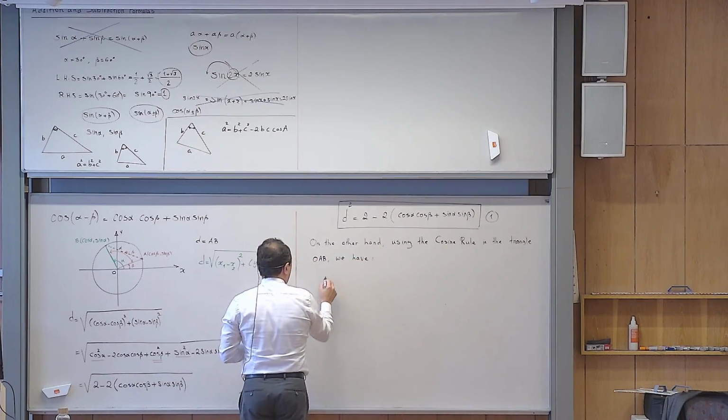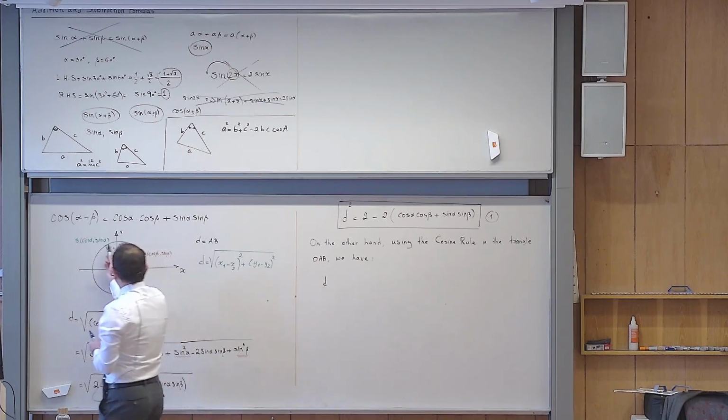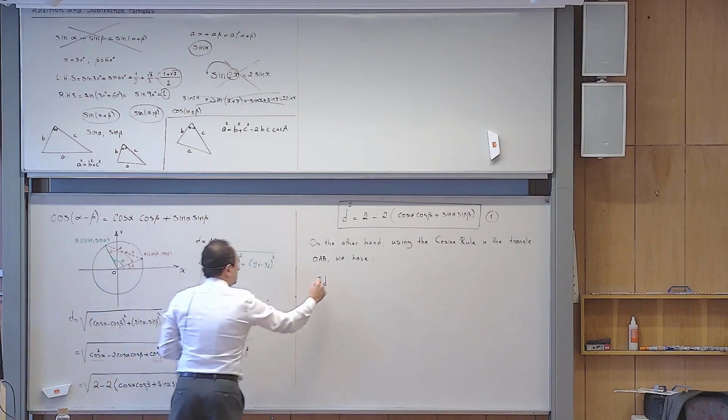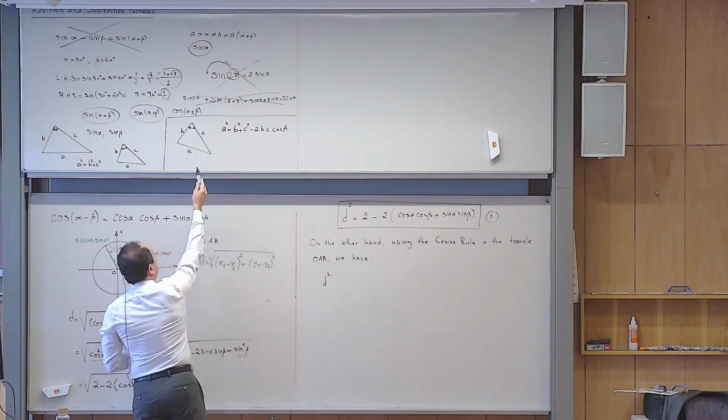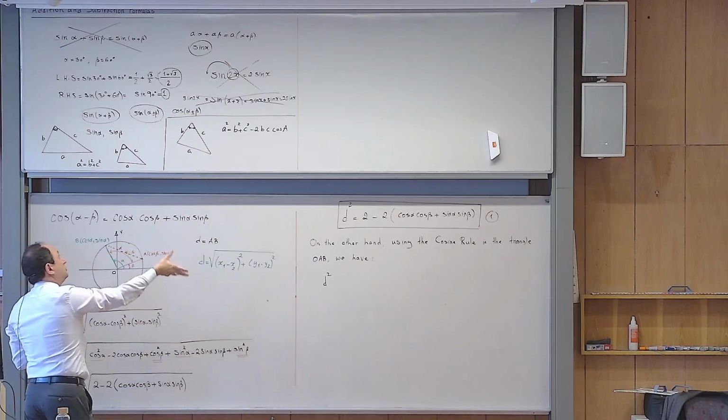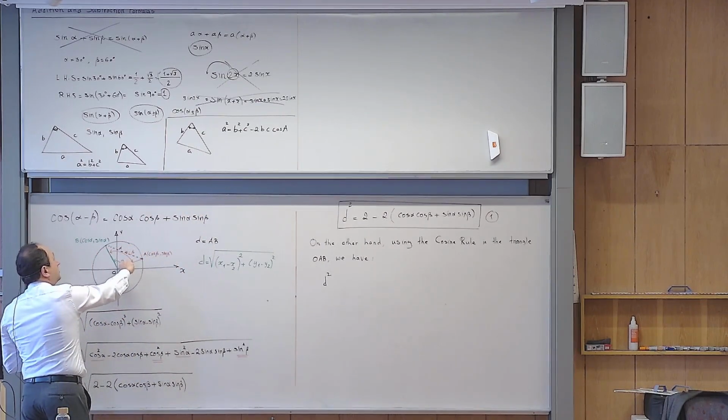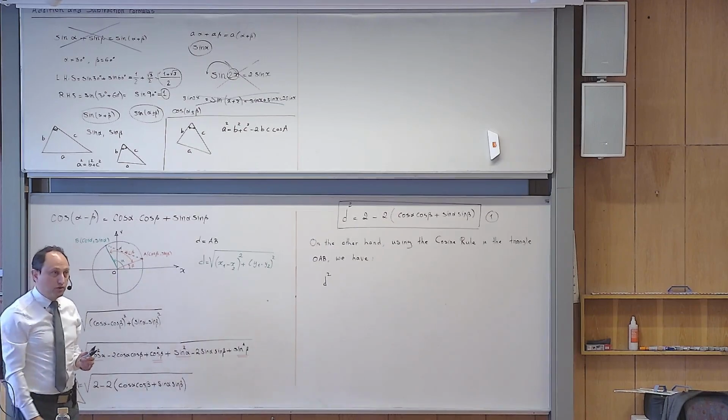So what can I write? I want to calculate d squared. Can you visualize the same picture turned over and match it here and tell me what should I do? So what should I write for d squared?